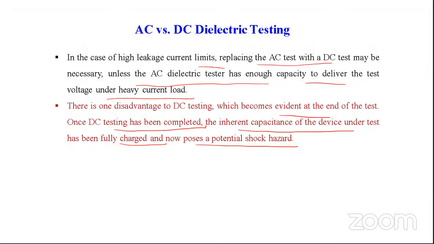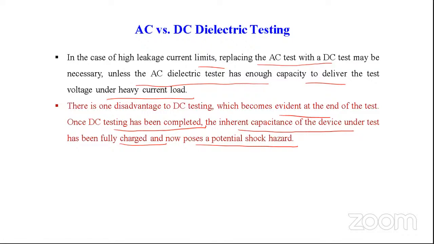So this is basically the advantage of the DC over the AC, but it suffers one disadvantage: the capacitor retains its charge after testing also. Manually or automatically you have to discharge this capacitance.